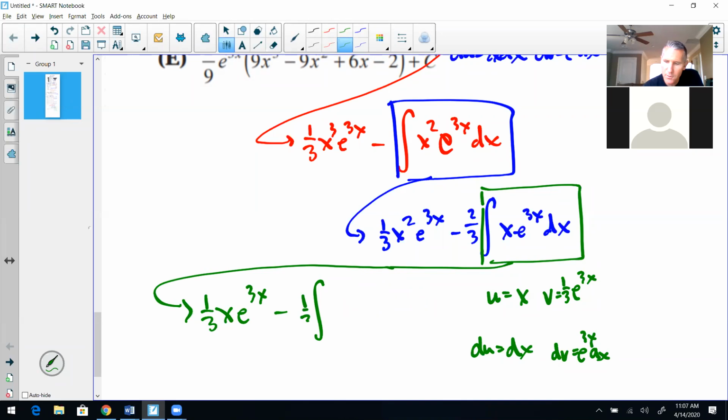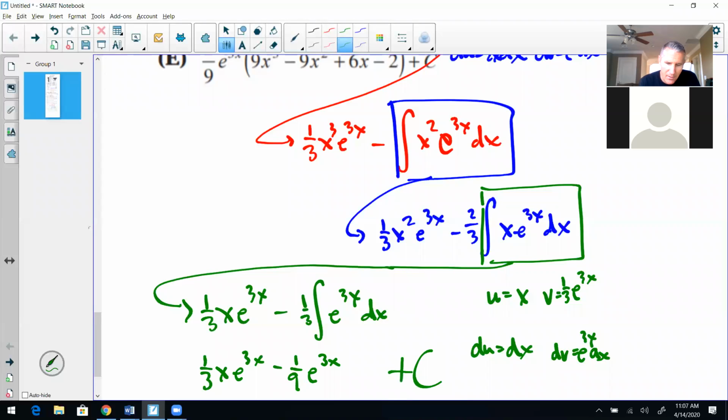So v is 1/3, and that's just e to the 3x dx. So this ends up being 1/3 x e to the 3x minus 1/9 e to the 3x, plus c.